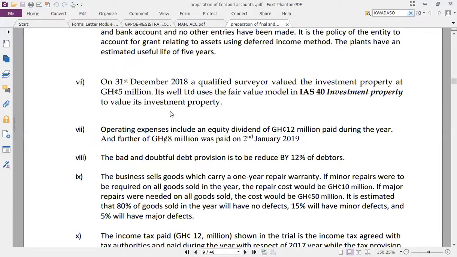It states that operating expenses include an equity dividend of 12 million paid during the year. Now, when you pay equity dividend, it is not an operating cost. It's an equity item, not operating cost. So let's take it out. So that's 12,000 out of the operating cost.